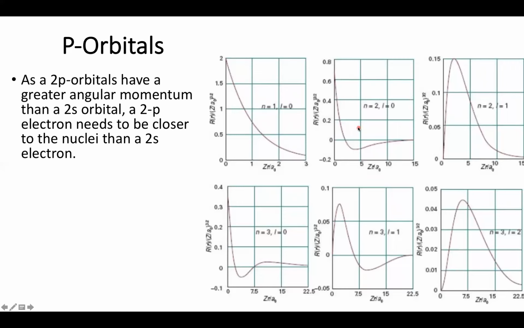But as a consequence, since more of my energy is caught in angular momentum, which is a detrimental effect, I need to have a greater potential energy to set it off, as opposed to, say, the 2s orbital, which only experiences essentially an attractive potential energy term. So as a consequence, the 2p orbital is actually going to be, on average, a little bit closer than the 2s orbital.